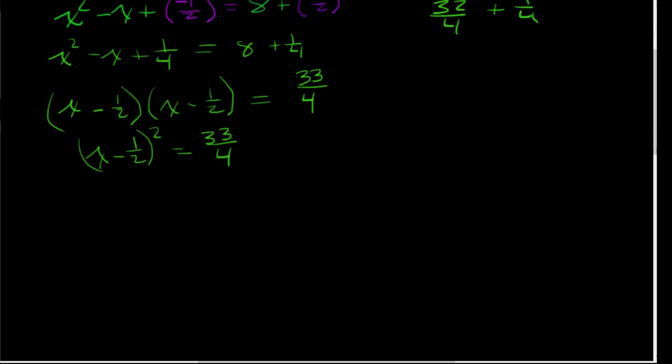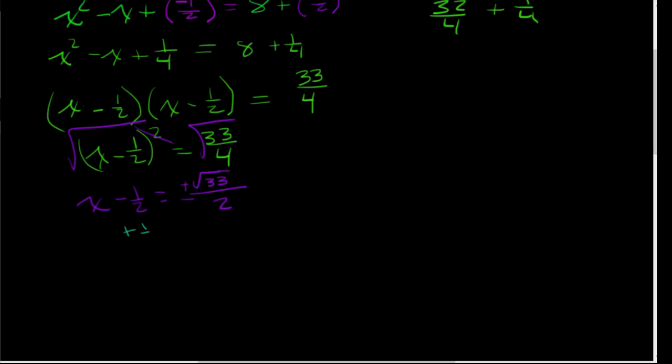Now I can go ahead and root both sides. Those cancel. I'm left with x minus 1/2. This does not look like it's going to root very well, so we'll leave the top alone, since it's just 11 times 3, which are both prime. But we can take the square root of the bottom. The square root of the bottom will be 2. And remember, it's positive or negative.